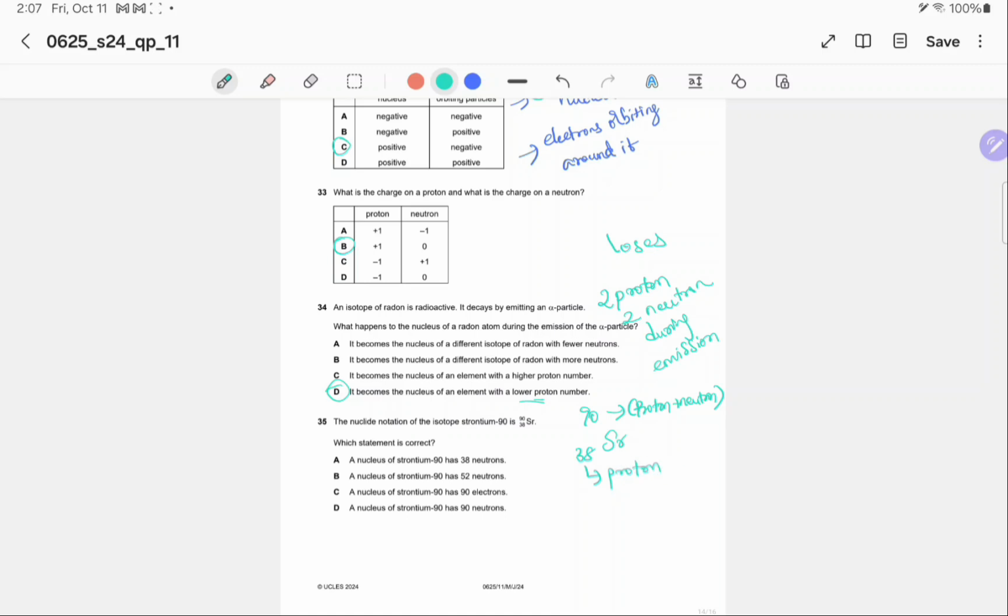How will we calculate the neutron number, because they are asking only for neutrons? To find the neutron number, subtract the proton number. So 90 minus 38 is 52. Neutron is 52. Which answer will you go with? 90 and 52. B.